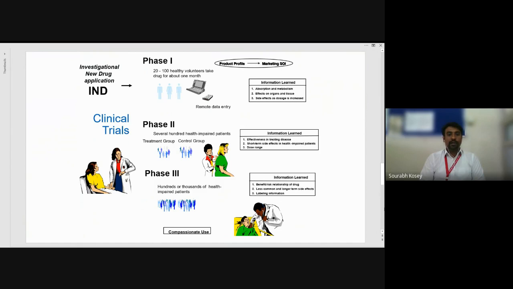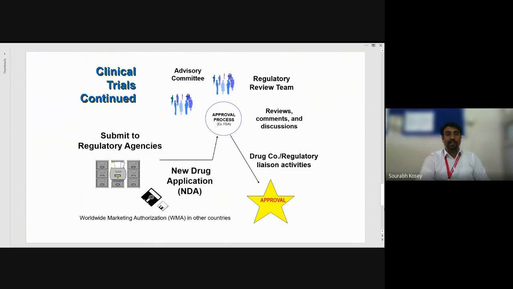In phase 3, the validation or confirmation part, called the therapeutic confirmatory phase, we establish the relationship called the risk ratio. Less common or longer-term side effects and labeling information come up, and the molecule is now at the post-marketing surveillance or pharmacovigilance level, which is concerned with phase 4 of the trials.